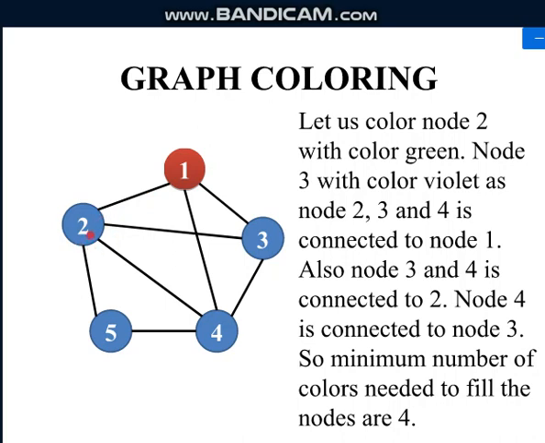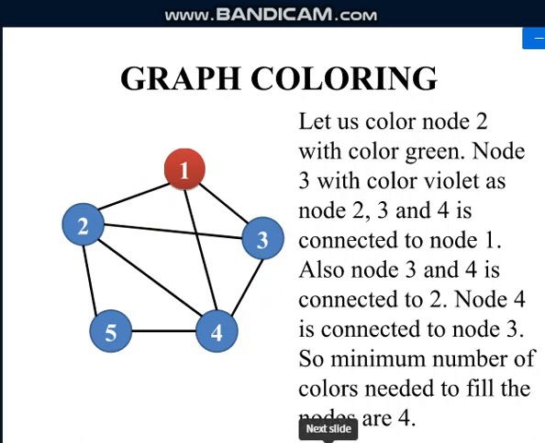So let us assume we have given the second color to node 2. Now node 3 we cannot color the same as 1 and 2, so let us assume we have given the third color. Okay, now what about 4? Obviously I will have to give the fourth color to node 4 because it is connected to 1, it is connected to 2 and it is also connected to 3.